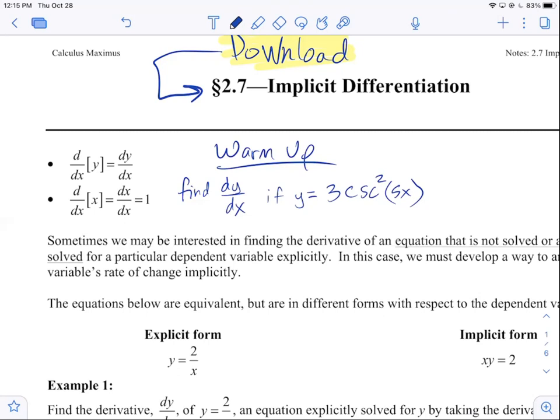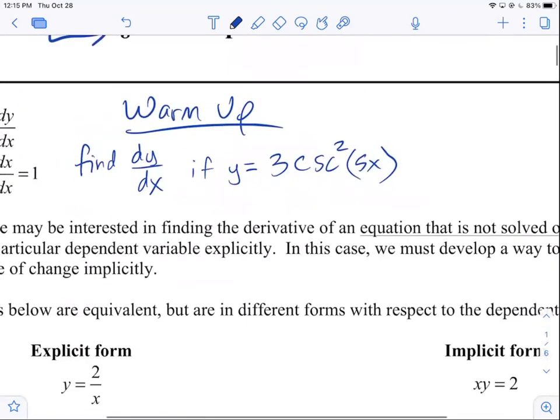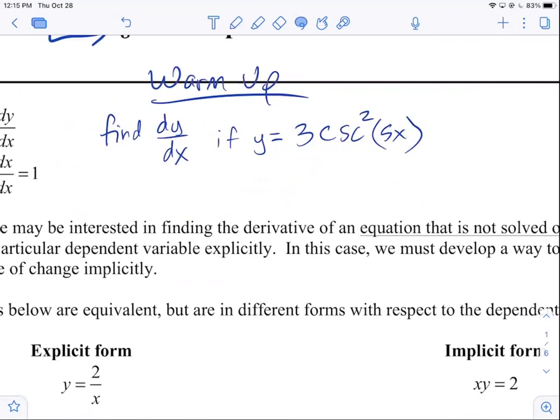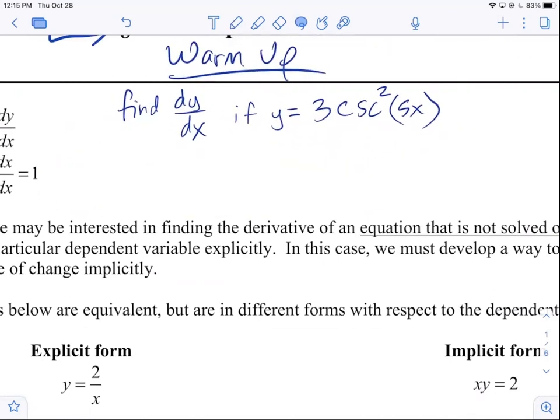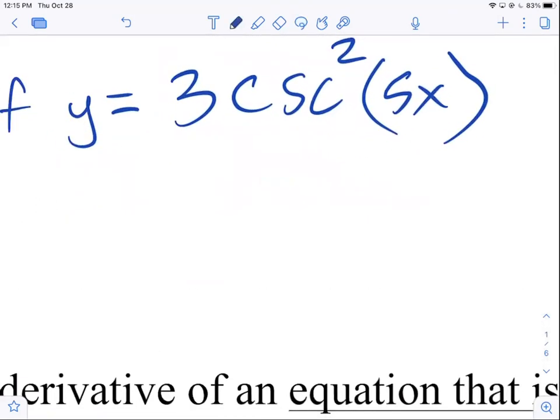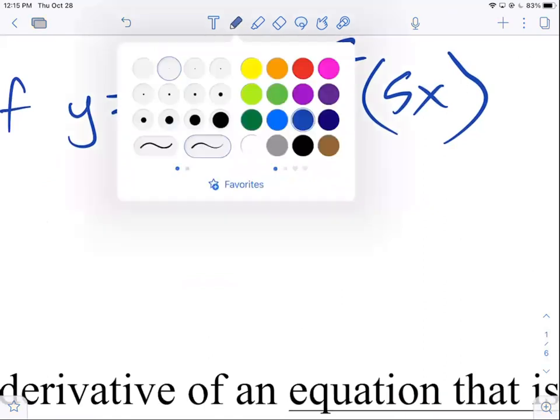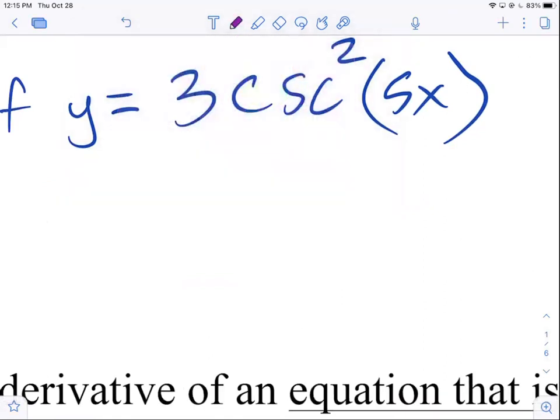All right? So let's go ahead and do the warm up together real quick. I know some of y'all have done it, and that's fine. This is just a review of the chain rule, right? We had the quiz yesterday. First step is to rewrite it so that you can see layers, right? This is one term: 3 times cosecant squared of 5 times x.